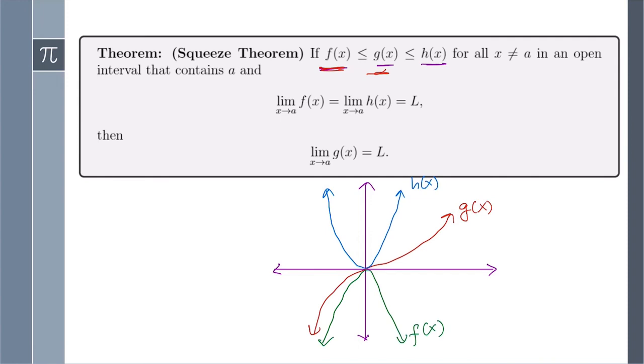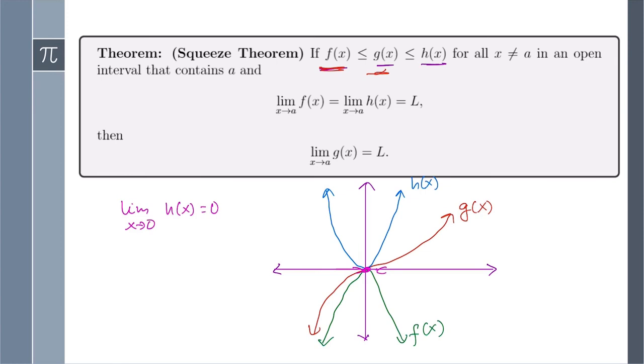So if we are looking for a limit when x approaches this point here, let's say x approaches 0, we know that the limit of h of x is 0. So the limit for the top function is 0.